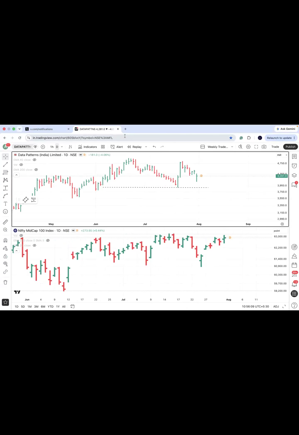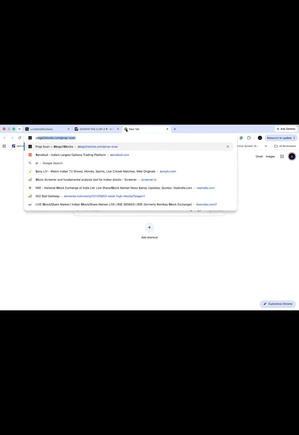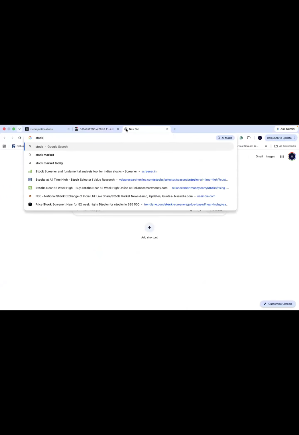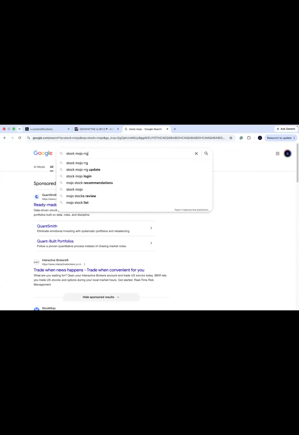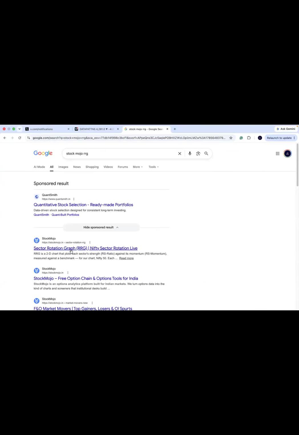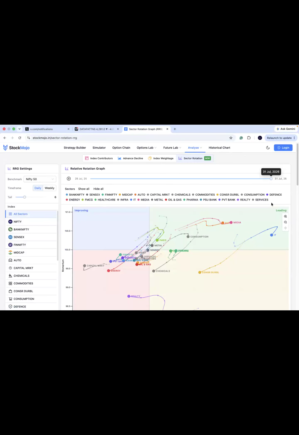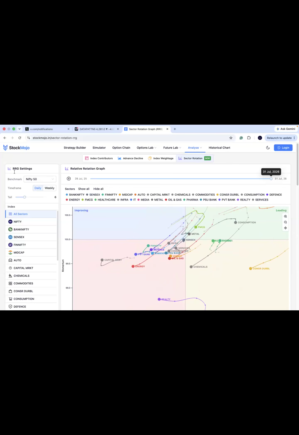There are multiple tools available for relative strength, and one of them is Stock Mojo. I guess we can see it for free in Stock Mojo, RRG. So this is how a relative strength index usually looks.